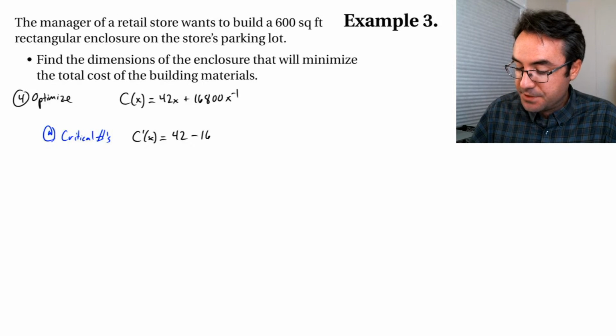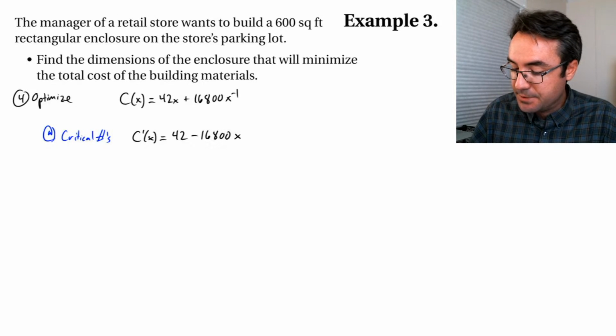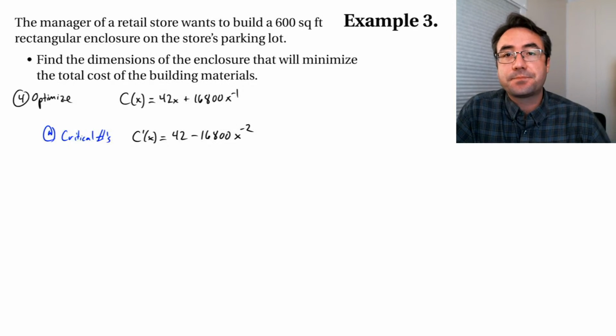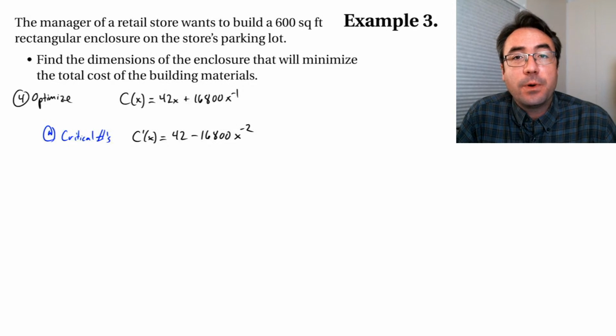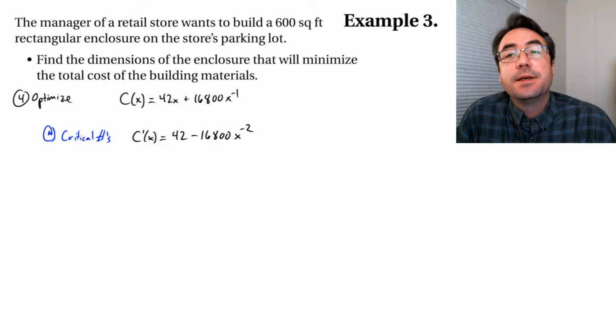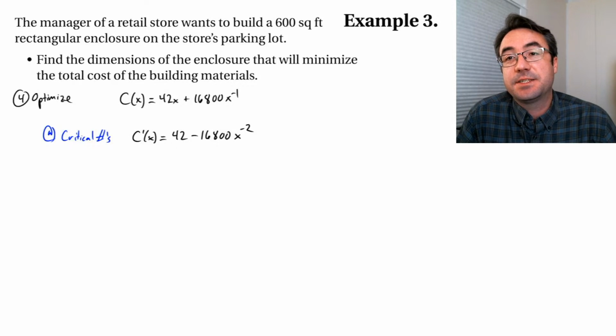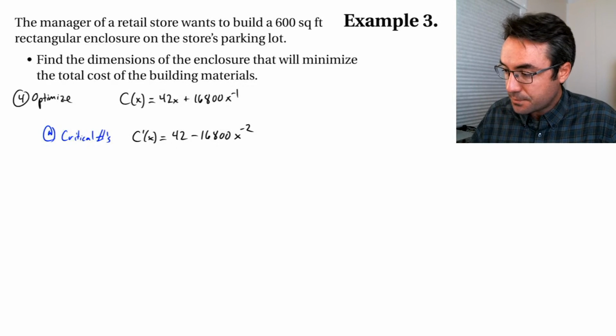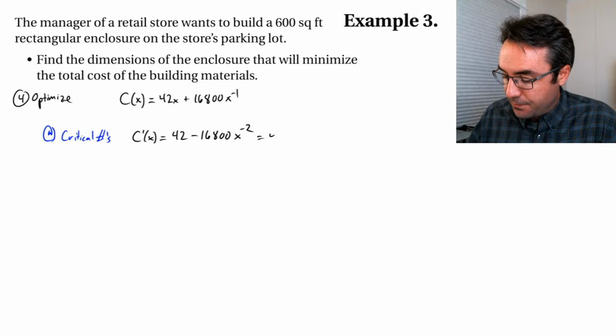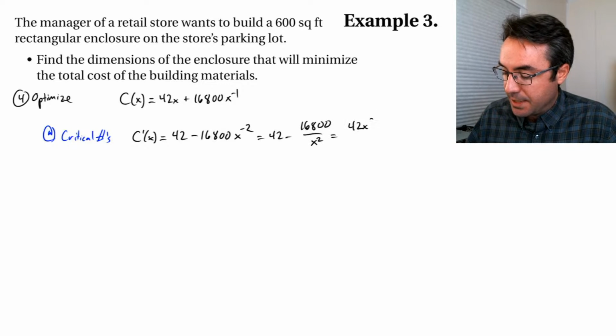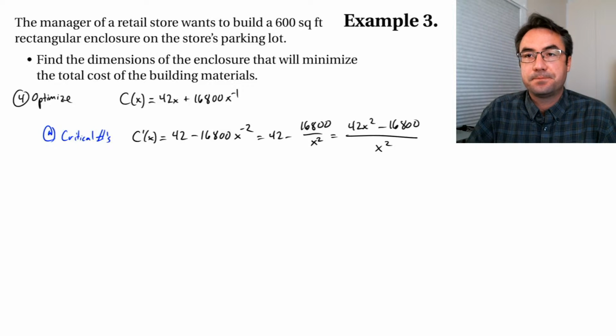We end up with negative 16,800 times x to the negative 2. And we're going to want to figure out where this is 0 and where it's undefined. So let's write this as a fraction, and we'll try to write it as a single fraction. So if we do that, we get 42 minus 16,800 over x squared. Combining those terms by a common denominator, we get 42x squared minus 16,800 all over x squared.